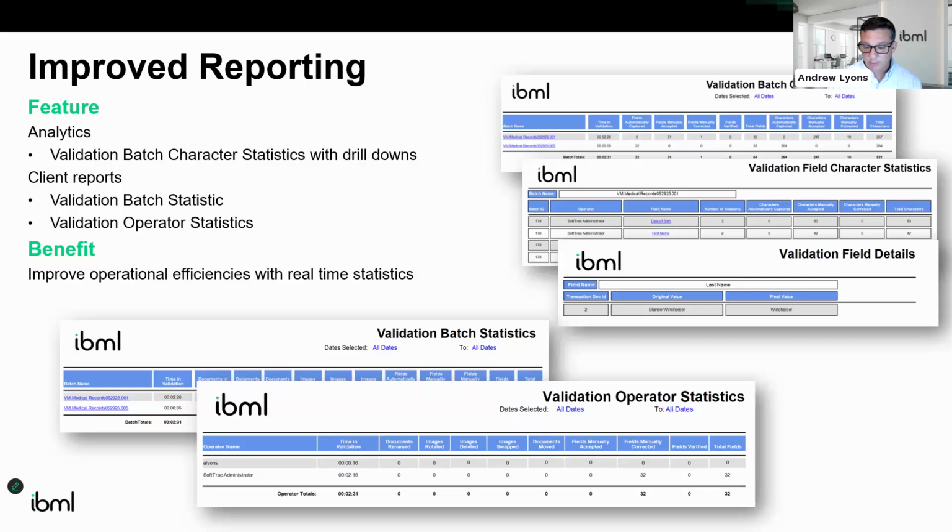It'll give you the original value and the changed value, so you can audit your operators for what they are keying and what they are accurately changing. So you have this auditability that you'll have over the client reports. Client reports still give you some very good information, but if you want these drill down reports that you can take advantage of for your operations, we would recommend the analytics reporting.